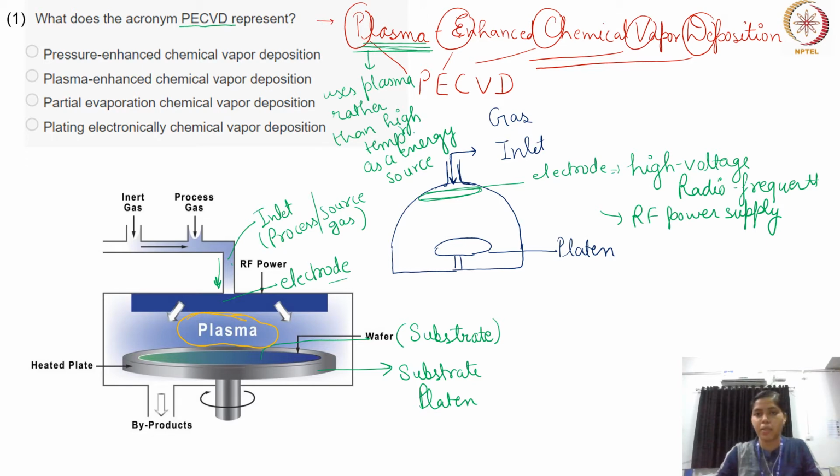So what will happen? First of all, we will clean the chamber, or we can say first this is connected to a vacuum pump, until we get a pressure approximately equal to 1 millitorr.